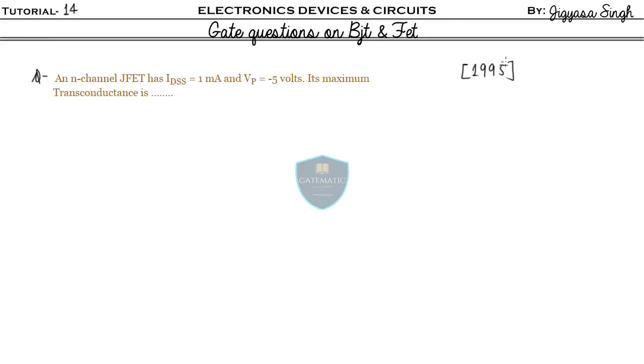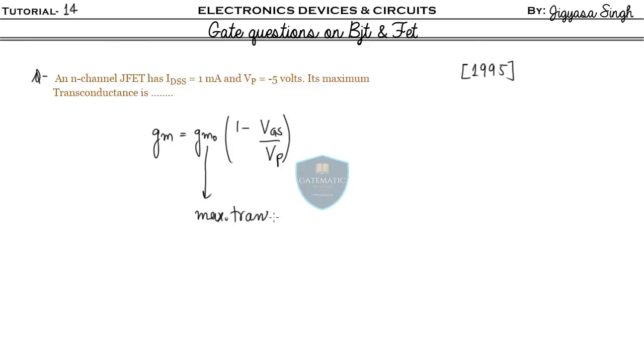An N channel JFET has IDSS as 1 milliampere, and VP, the pinch off voltage, is -5 volt. Its maximum transconductance is. So this is the formula for transconductance, where this gm0 is the maximum transconductance.